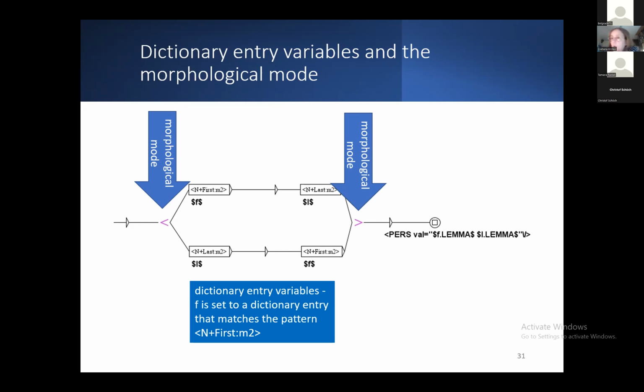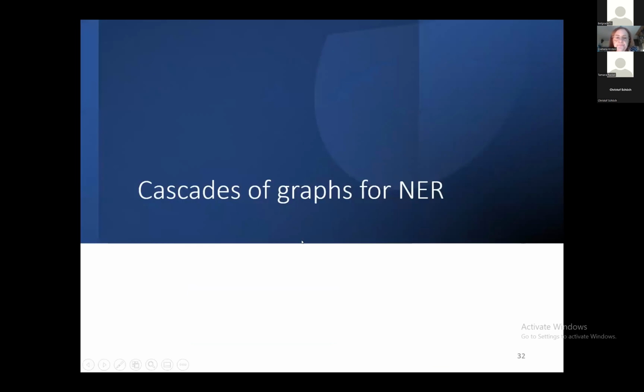So we retrieve the whole entry, and then we put here its lemma. So F point lemma is now what is the lemma in the dictionary entry of that recognized form.